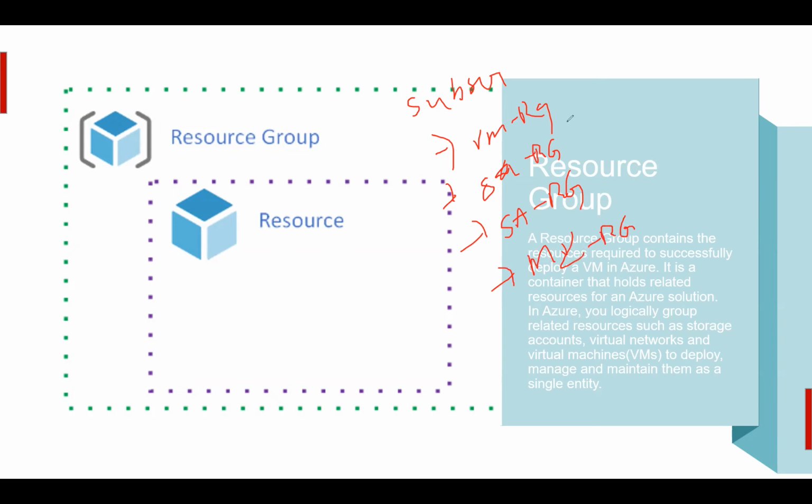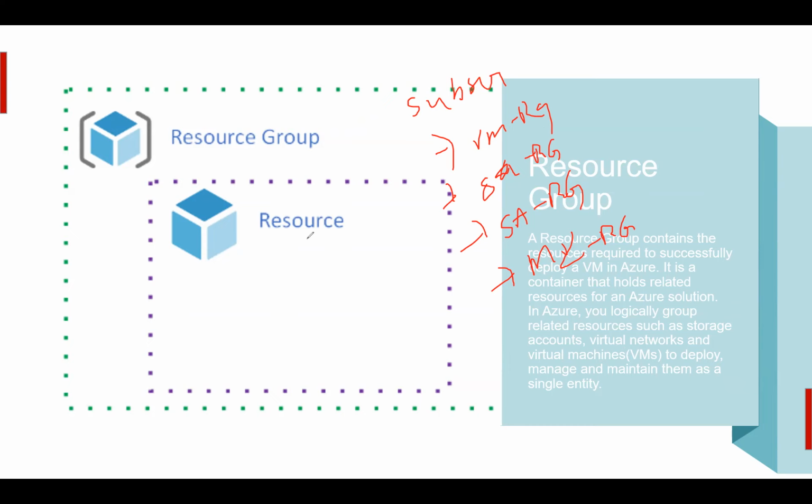Under these resource groups, I will deploy the respective resources. Each resource group maintains its respective resources. Or you can create one resource group and deploy everything in it. That is up to your wish, but from my understanding that does not make much sense.